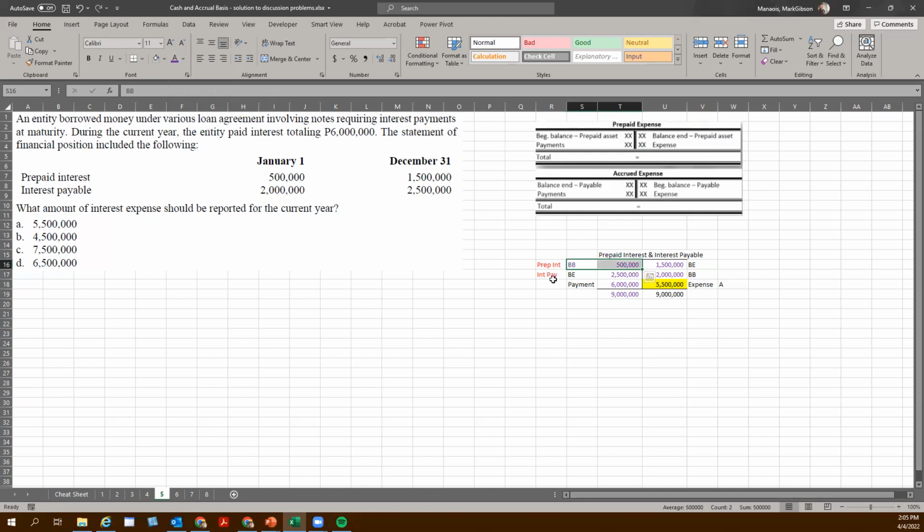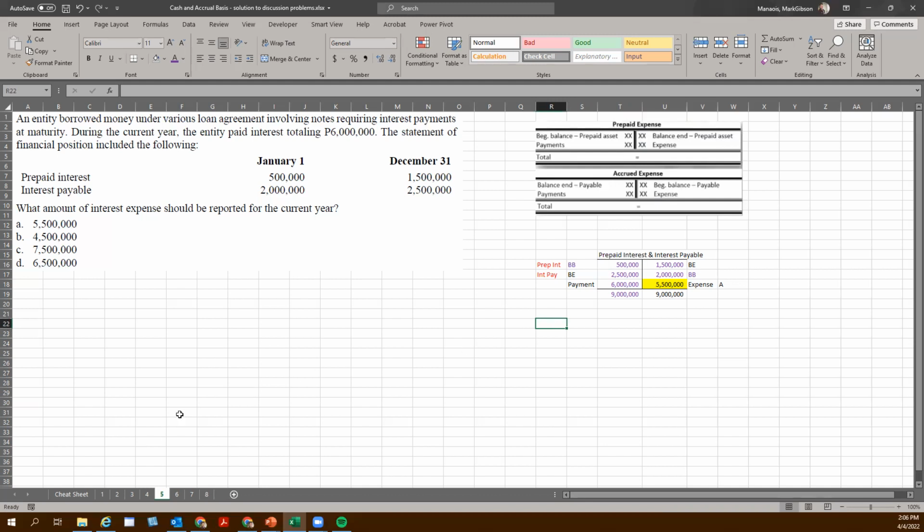And then of course, interest payable being a liability, the beginning balance was plotted as a credit. No? So yun lang, siguro just revisit yung account classification. Saka syempre, yung normal side. But again, we work under the assumption that you already know these concepts, kasi that's basic accounting. No?